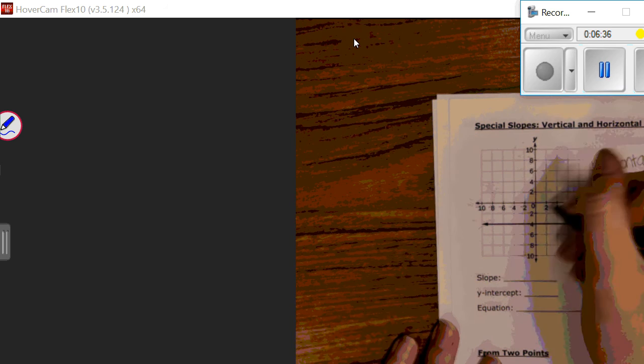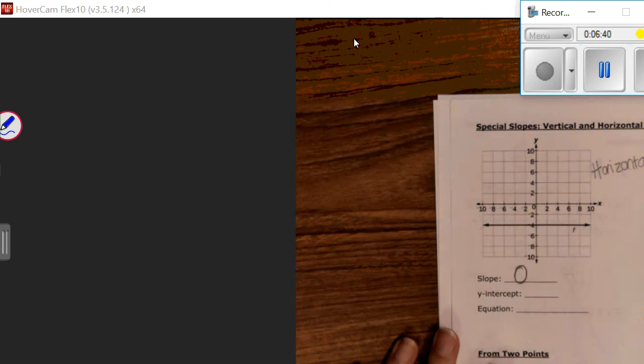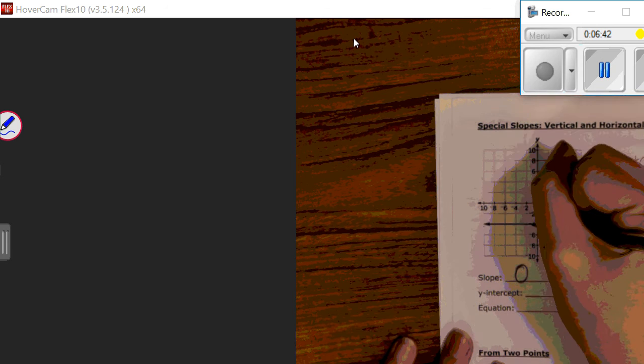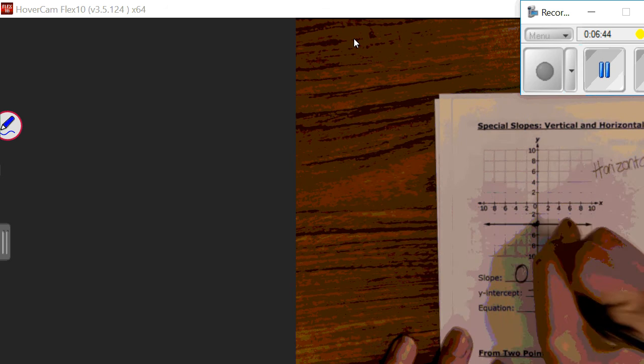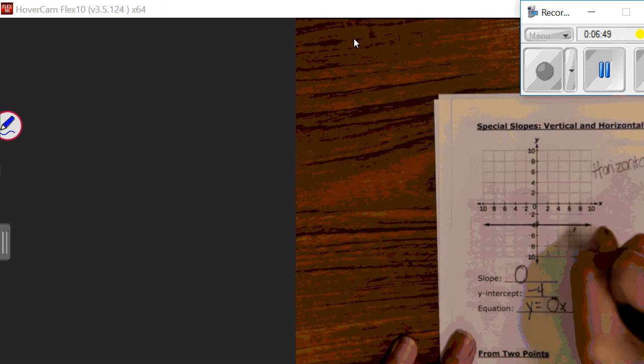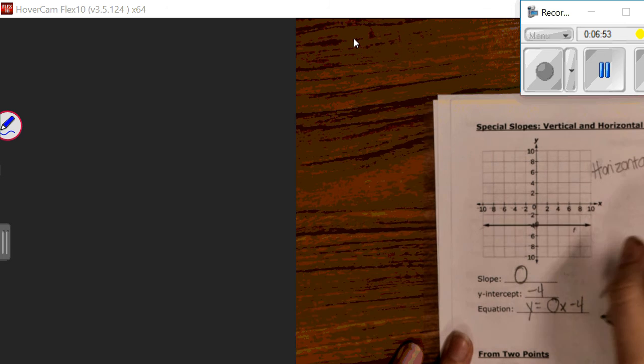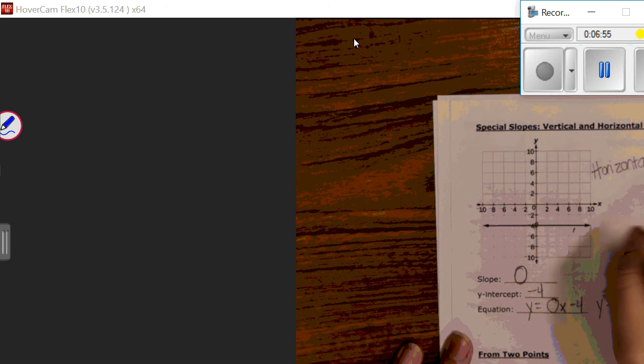So there's no rate of change, so my slope would be 0. My y-intercept is -4. And I could write my equation as y equals 0x minus 4, but we know 0 times x is just going to be 0. So I'm going to have y equals -4.